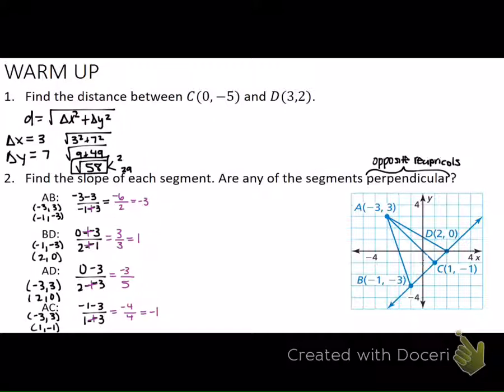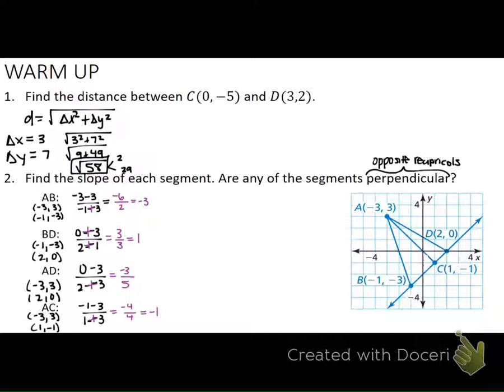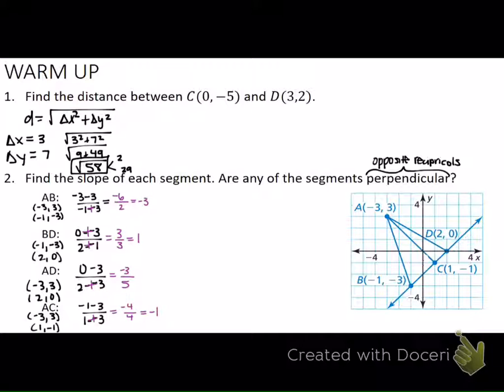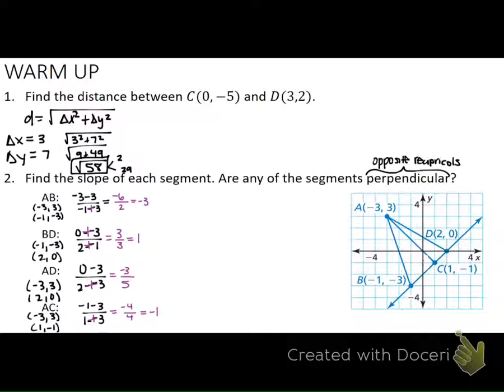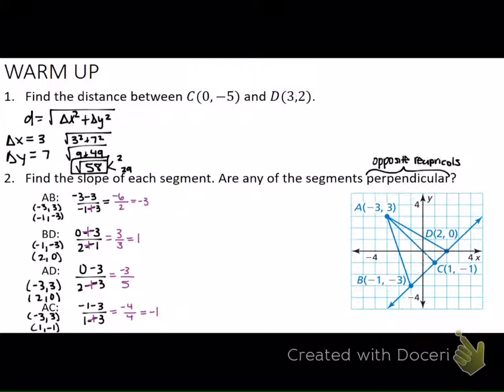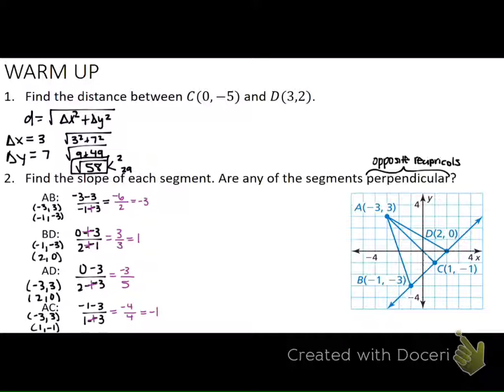Are any of those perpendicular? Do any of them have opposite reciprocal slopes? Which ones? AC and BD, because 1 over 1 is flipped to 1 over 1, right?